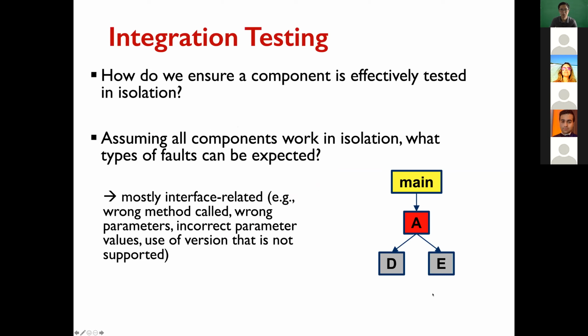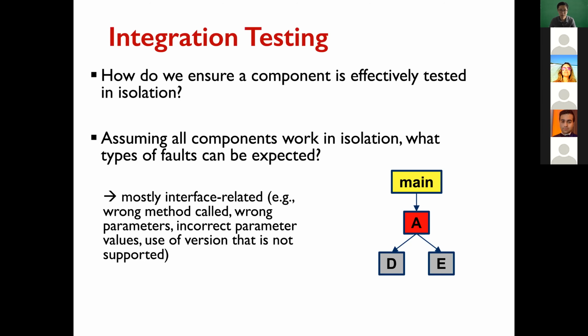That is the first question. The second question is, assuming all components work in isolation, we assume A, D, and E all work in isolation, what types of faults can be expected when they are combined? Mostly they are interface related problems, like wrong method calls and wrong parameters.